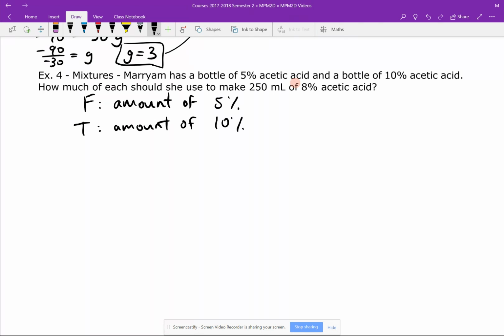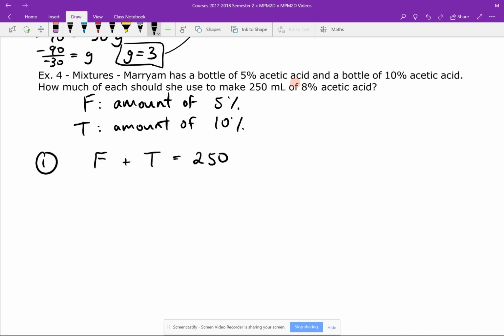Okay, so first one, I need 250 milliliters, right? So some amount of 5% plus some amount of 10% is going to give me 250 milliliters. Okay, that's my first equation.